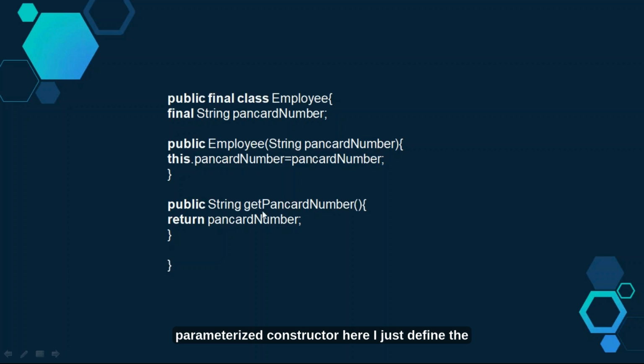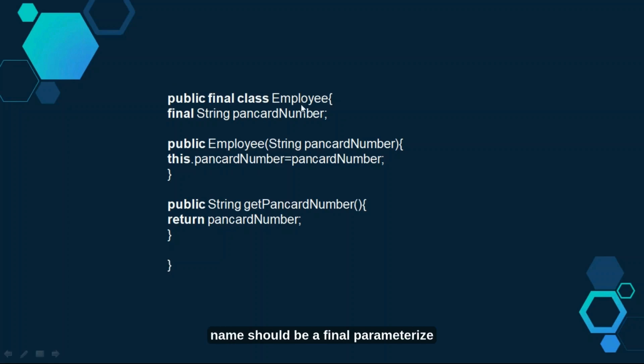Here I just define the get method, getPanCard, and the return type is String. It will return the PAN card number only. So this is an immutable class. Nobody can change the object value, because it gives the getter method. You can retrieve it, you cannot set it, because there is no setter method.